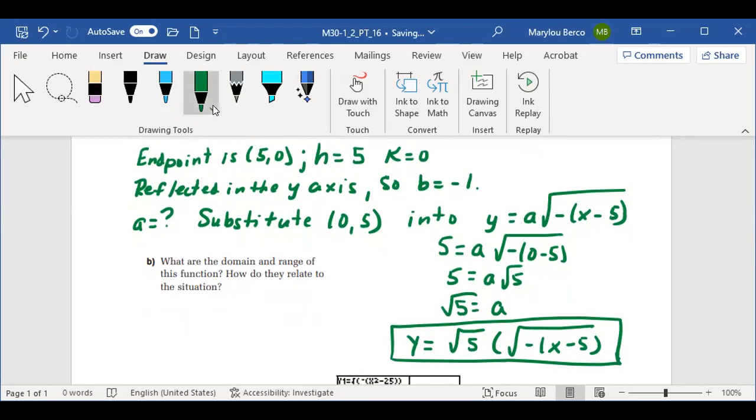Okay, for B, what are the domain and range of the function? How do they relate in the situation? Okay, so we know the domain can't be negative or greater than the radius of the base, which is 5. So the domain is x such that x is between 0 and 5.